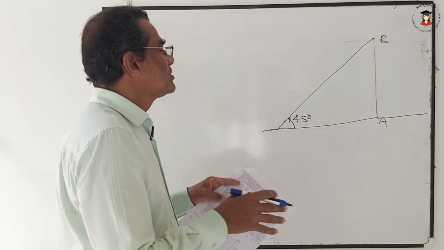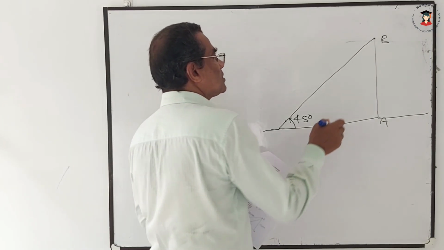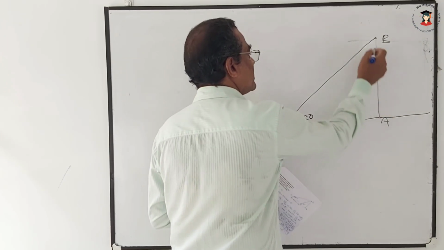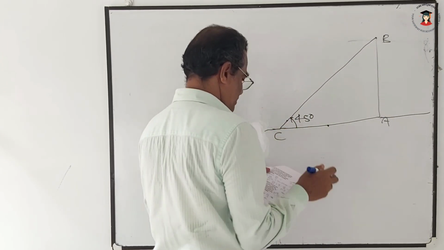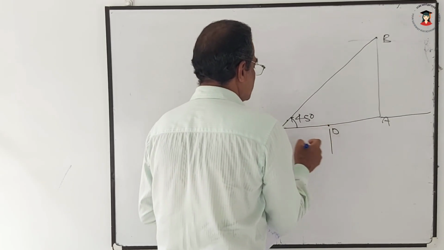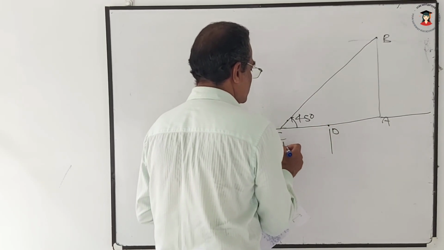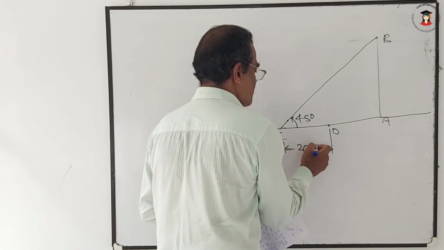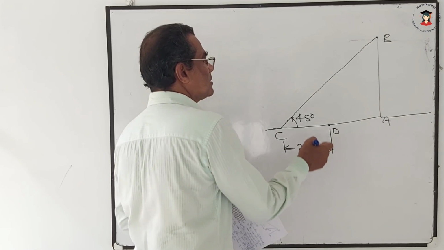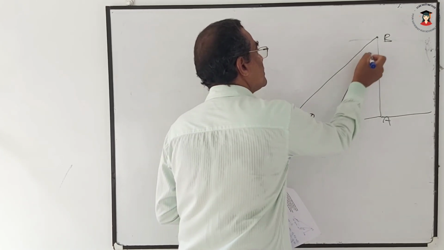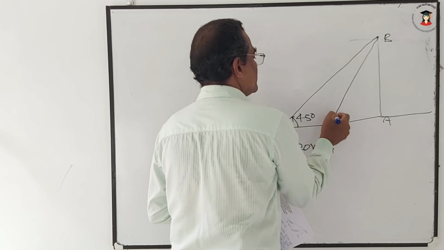Then he walks towards the tower. Say this is AB and this is C and let it be D. On covering 20 meters, this distance is 20 meters, the angle of elevation is found to be 60 degree.